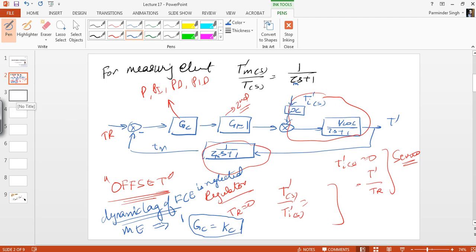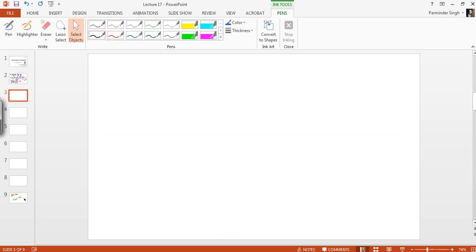Now for the servo case, let's use the same block diagram. We have T R dash over here. For the controller, in the last case we used a proportional controller, that is Kc. Now we are using proportional integral, so it will be Kc times 1 plus 1 upon tau I s.